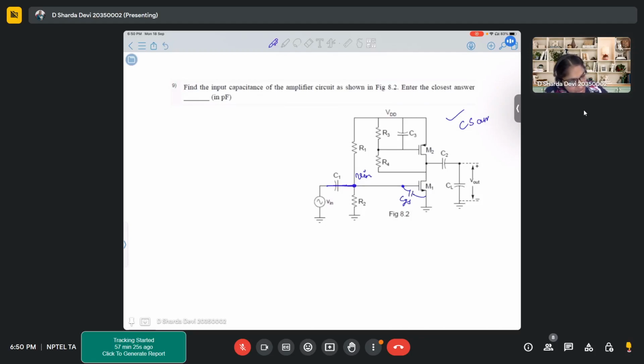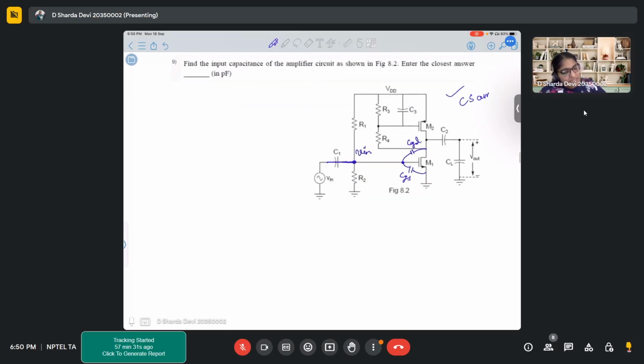So this is your CGS, CGD. So the capacitors that you will see at Vin will be a function of CGS and CGD. Only two capacitors. Any other capacitor which will come into picture?